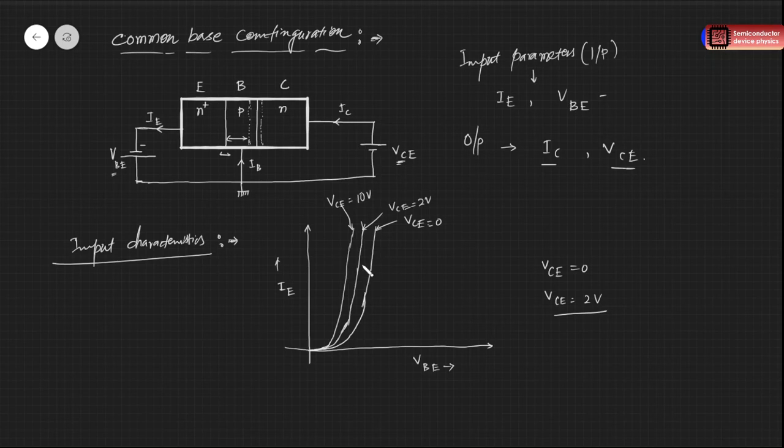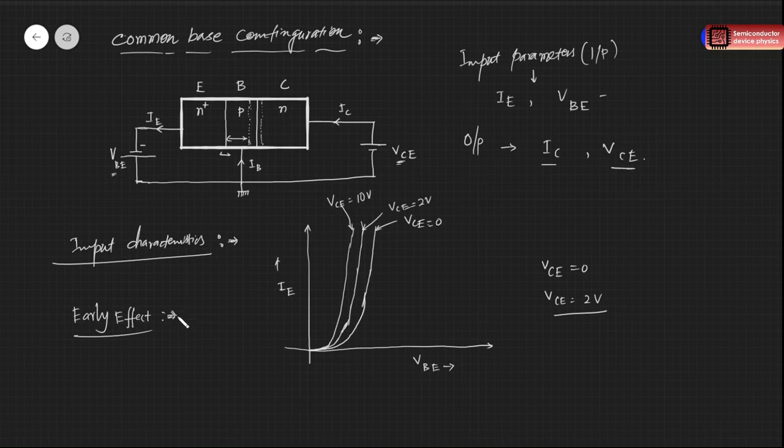So this effect, where the effective base width is changing as we increase VCE, or the base width is modulating, is called the Early effect.